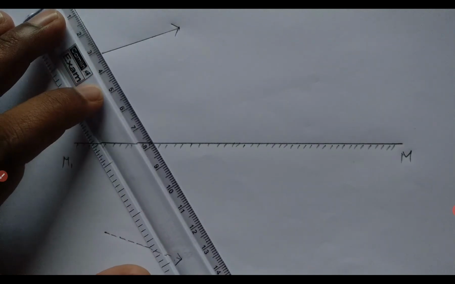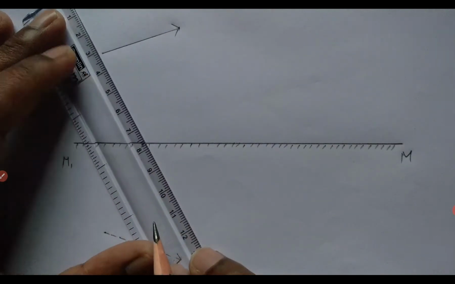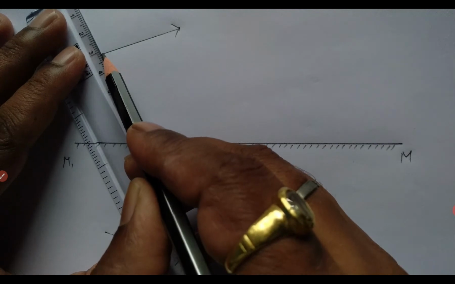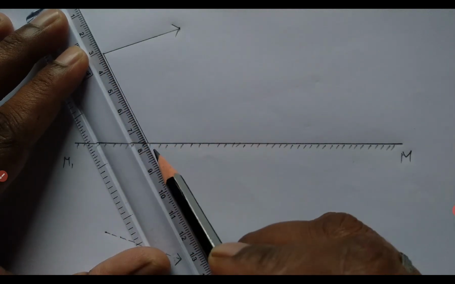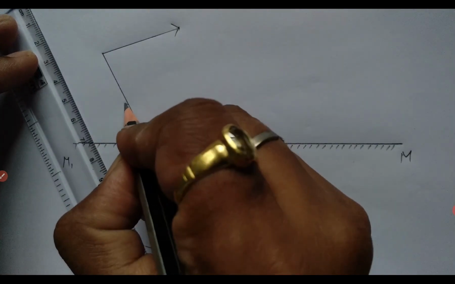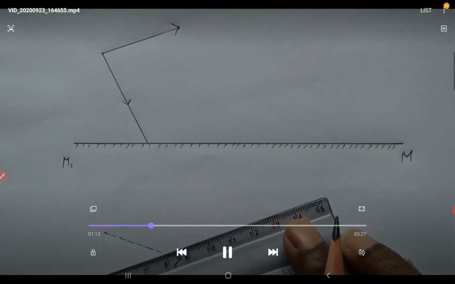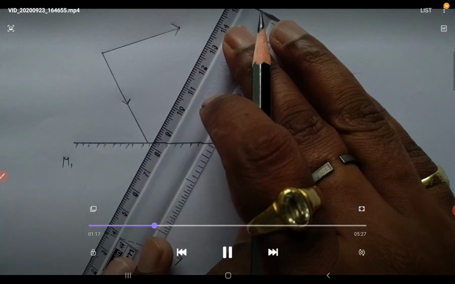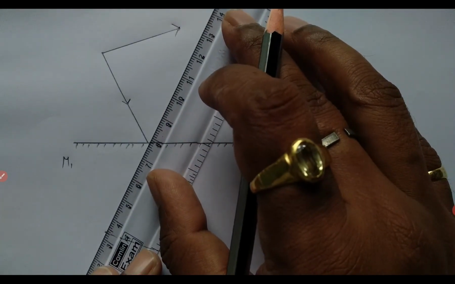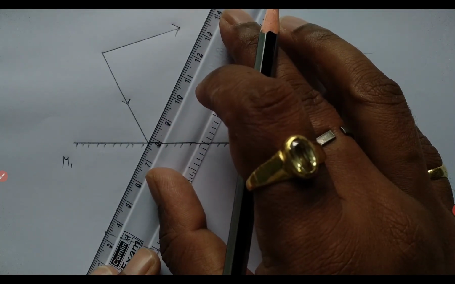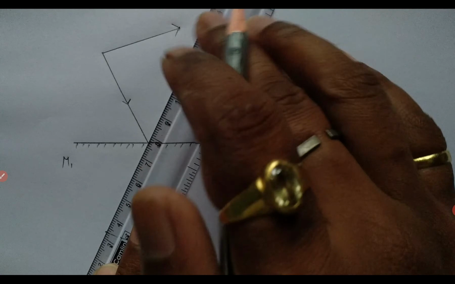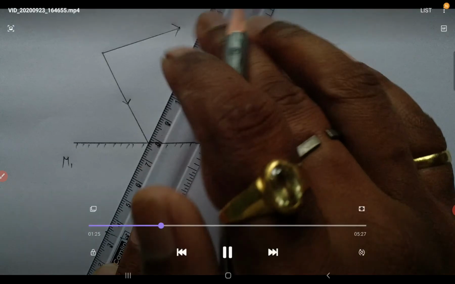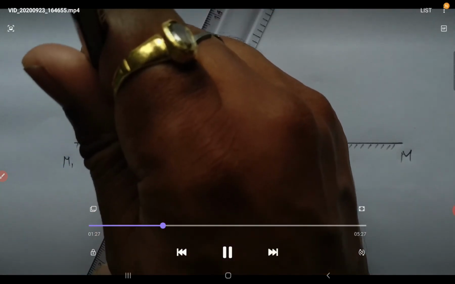Let me start with the incident ray. As you all know, from one point there should be 2 incident rays. So this is my first incident ray, and then I am drawing the reflected ray for it. Remember to join these 2 points here.